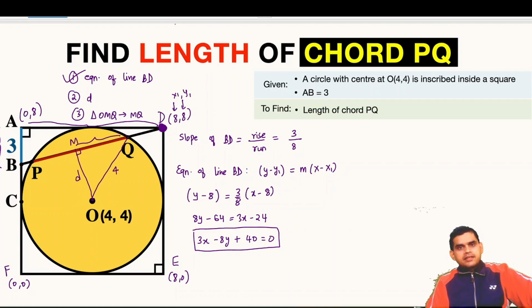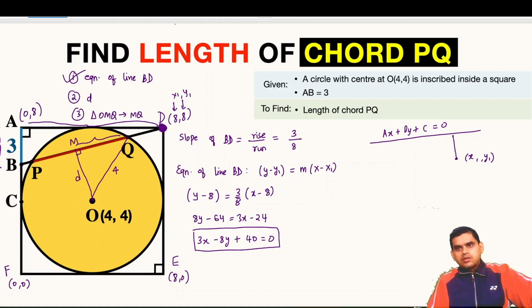Second step is to find this distance D. For that, we should know this rule that suppose we have a line and its equation is ax plus by plus c is equal to 0, and we have a point say here and its coordinates are x1 and y1.